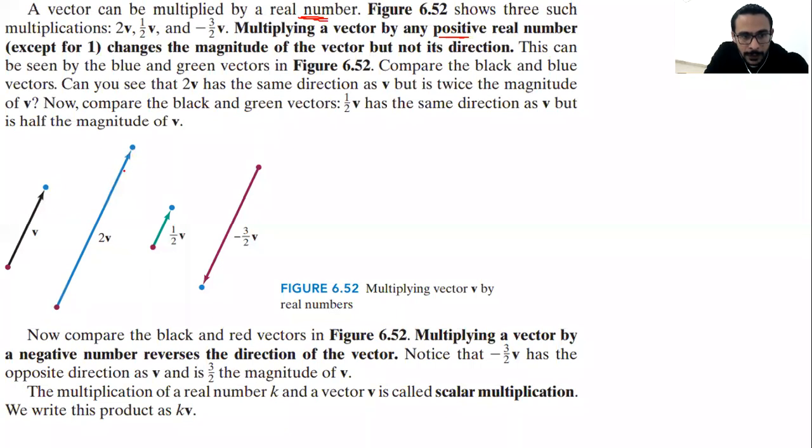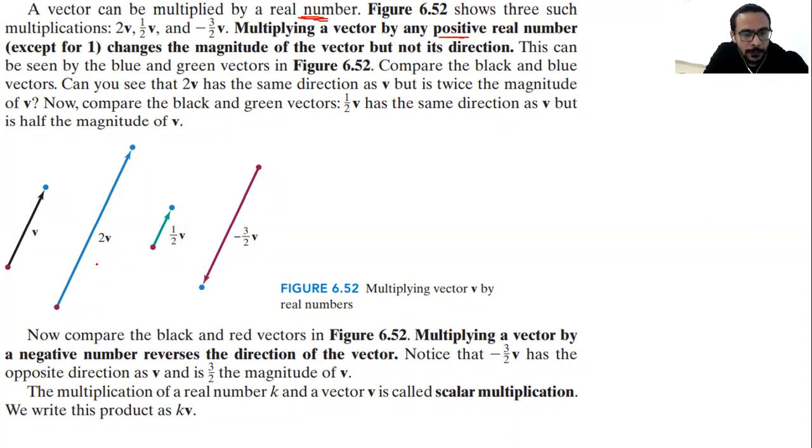It changes its length and magnitude but not the direction. But if you multiply by a negative number, it changes the direction. This can be seen by the blue and the green vectors, while multiplying by 2 and by half.